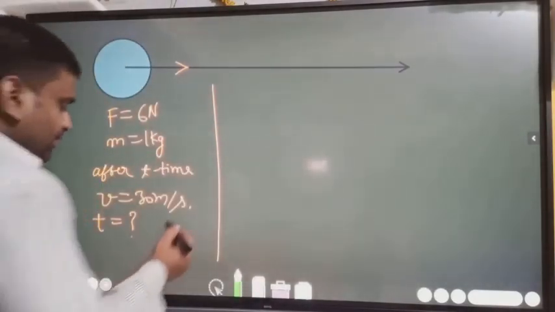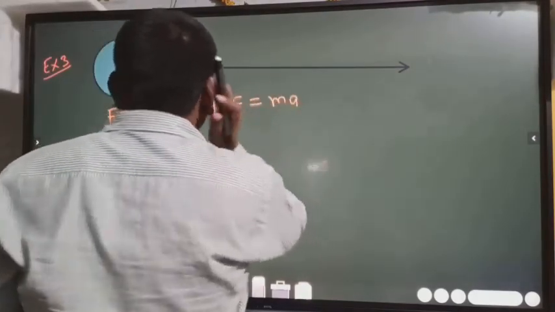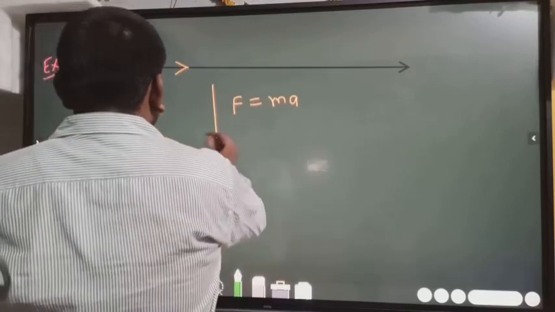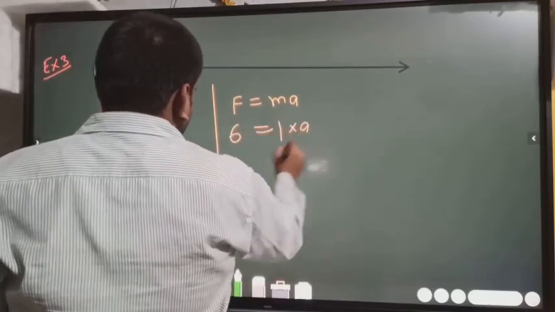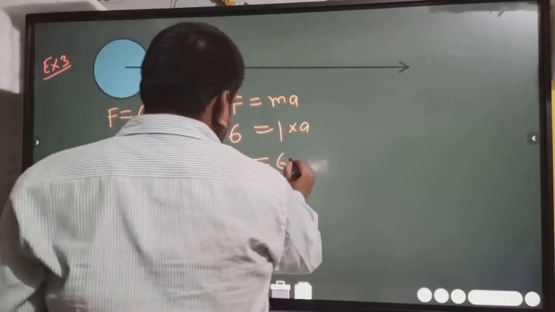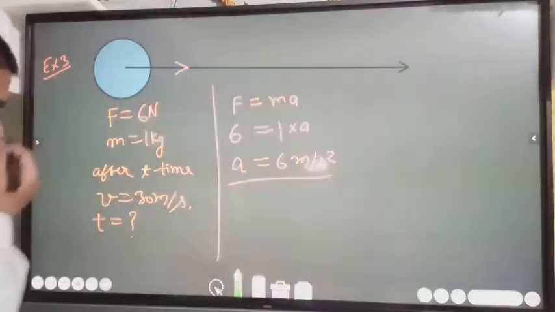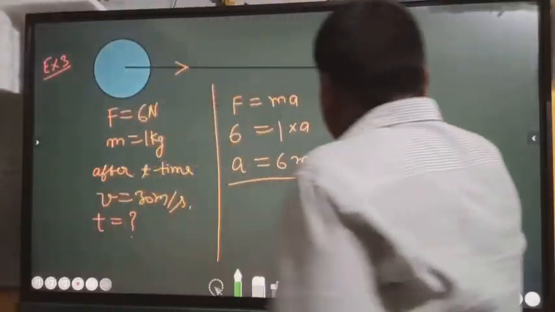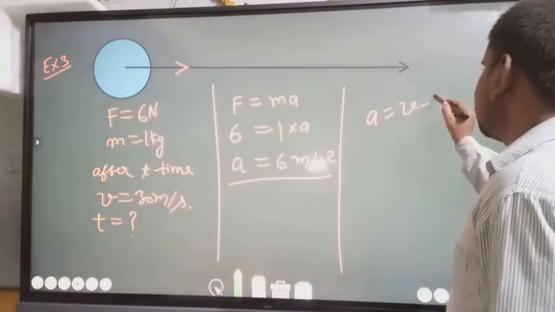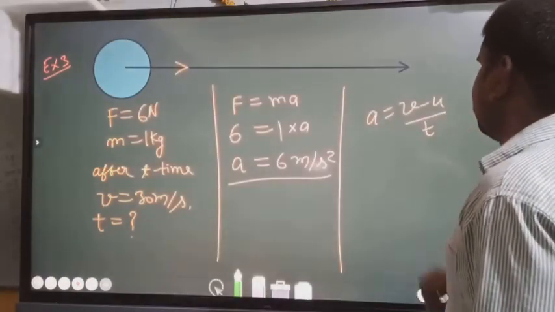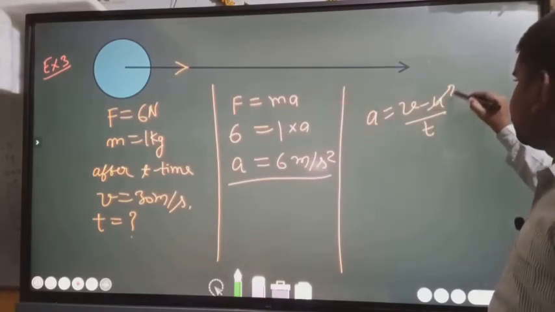So again you will write F equal to ma. F you have been given as 6 Newton, m is 1, into a. So from here you can conclude A is equal to 6 meter per second square. You know from the first equation of motion, A is equal to (v minus u) upon t. This body is initially at rest, that means u is equal to 0.